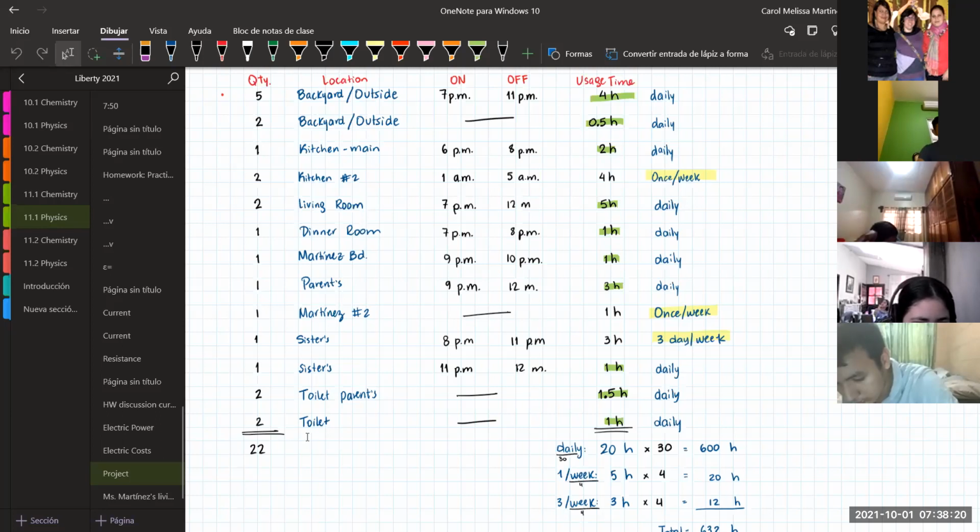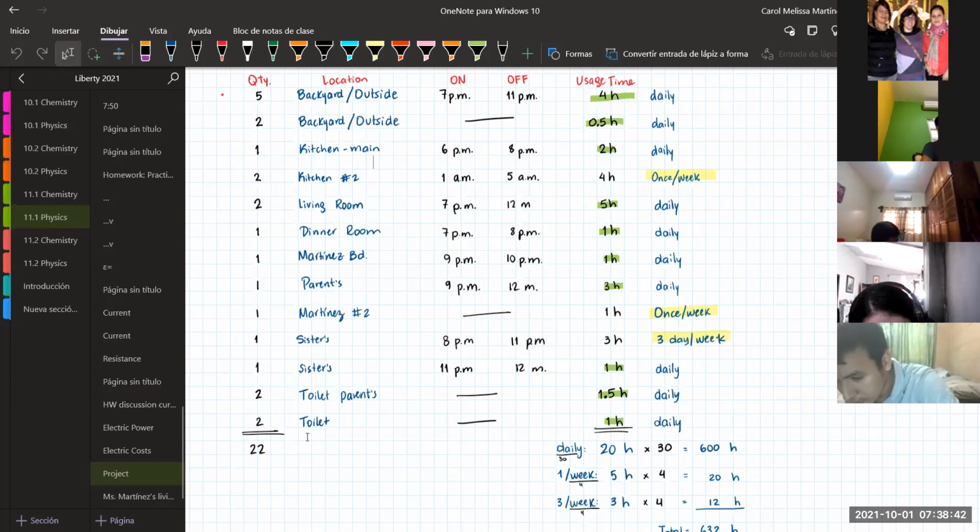Cada vez que va al baño son 5 minutos. Y usted puede ir contando los minutos. Now, if you want to be that accurate, you can do it. I'm not going to be that demanding. Ahora, aquí sí, ¿verdad? Daily lo multiplican por 30 y weekly va a ser por 4. ¿Ok?